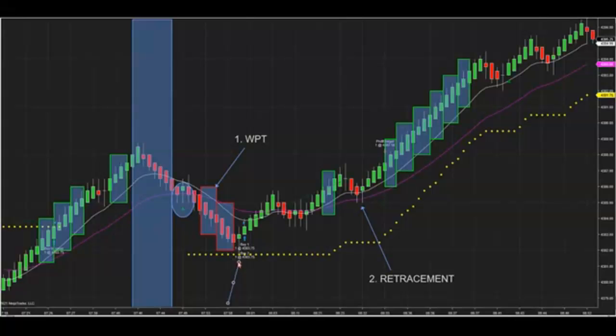We're going to try to take it long right off the ATR. So once you see a WPT form inside of a running ATR, you're telling yourself you're trying to catch traders that are short the market and take it long. That's why it's so accurate: we're on the other side of them. We're trying to go long because we had our dot start printing.